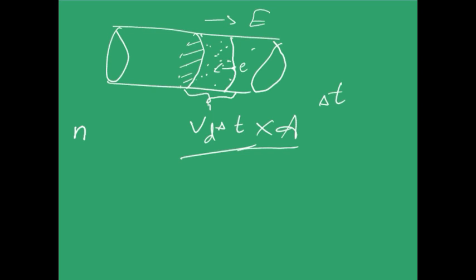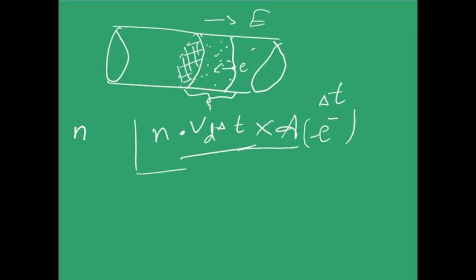This volume times n gives me the total number of electrons in this region, and I know the number of electrons now. If I multiply that with the charge of each electron, that gives me the total charge that has crossed this surface which I am interested in.